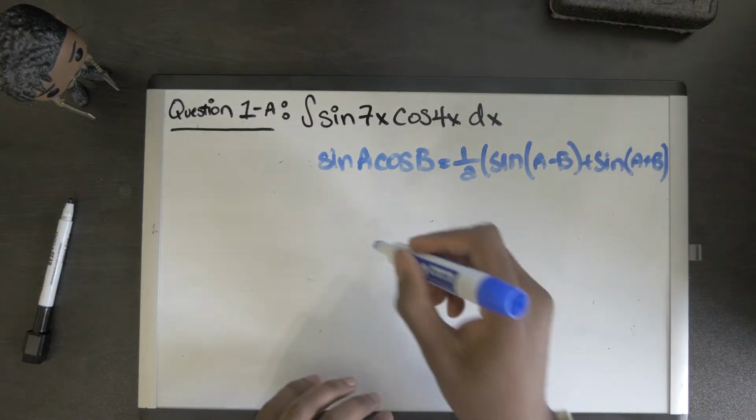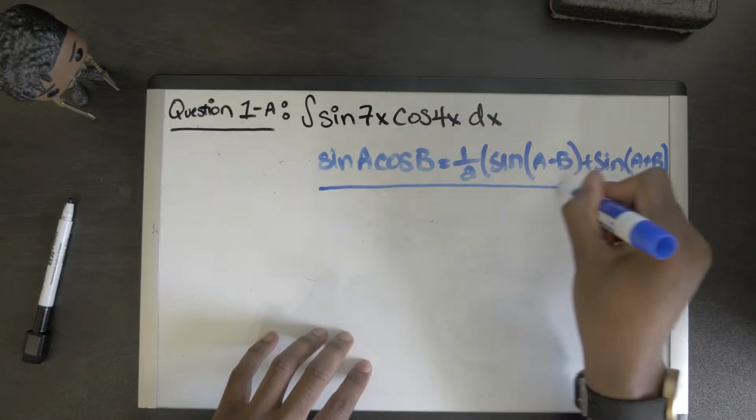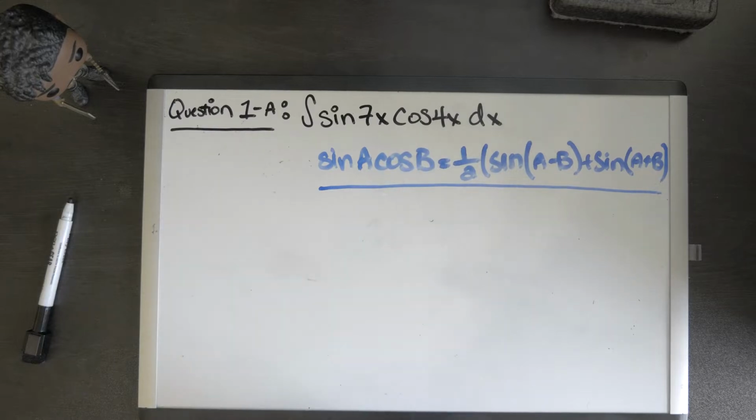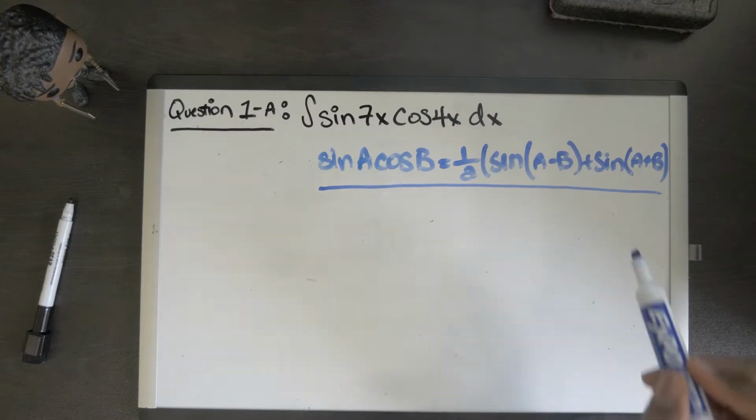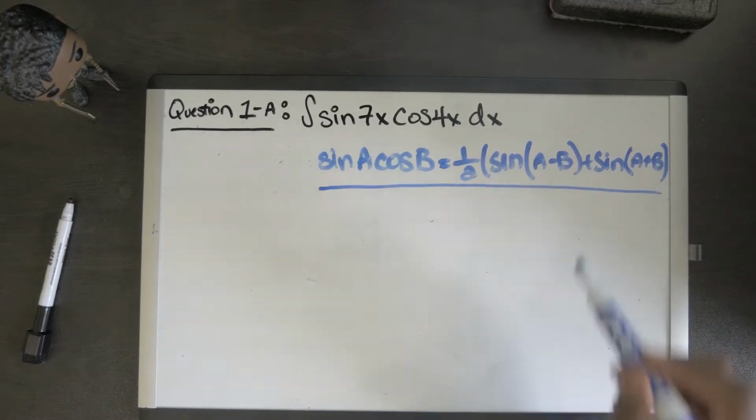So the actual formula that we'll be dealing with here is sine A cosine B equals 1/2 times sine A minus B plus sine A plus B.